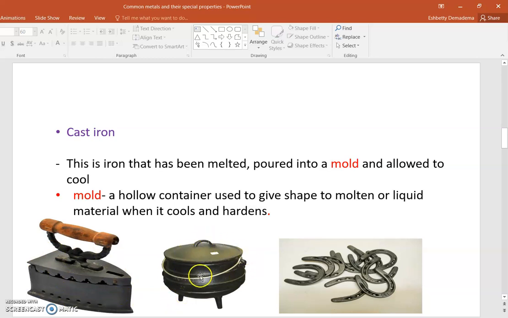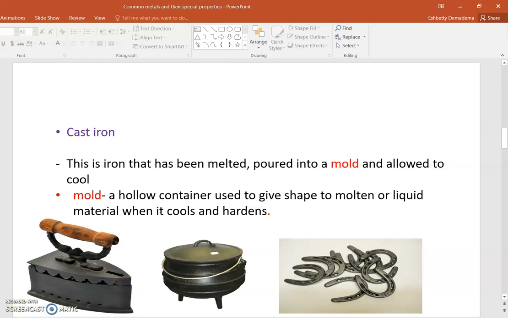Remember we said if you expose your metal, especially iron, to moisture and oxygen, it will start to rust. So in the rural areas, or in places where people use this kind of pot most of the time, you'll find that once they've finished using it, they line the inside, or put some oil on the inside, to stop it from rusting.